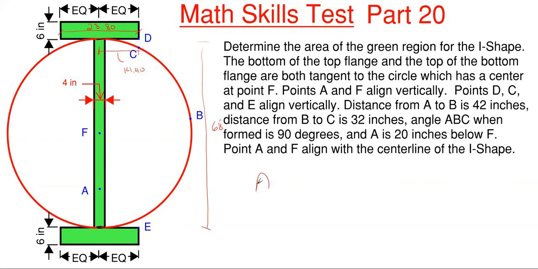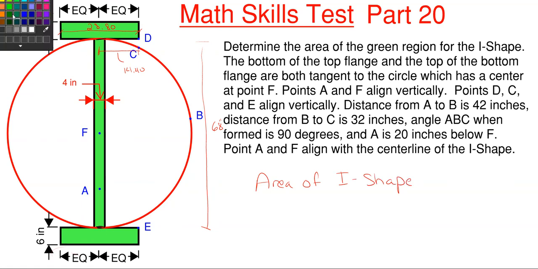So the area of the eye shape, which let's just write it in green just to match the color, is going to be equal to 2 times the area of my flanges, because I have 2 of them.